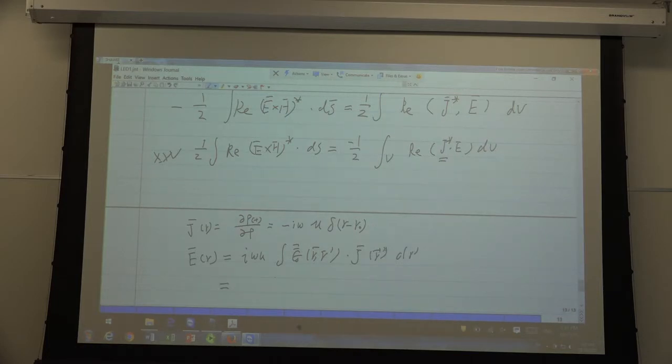Here I just use this, so I change this omega squared mu.